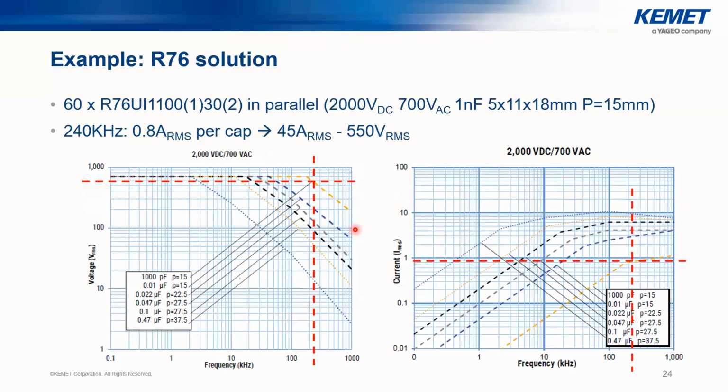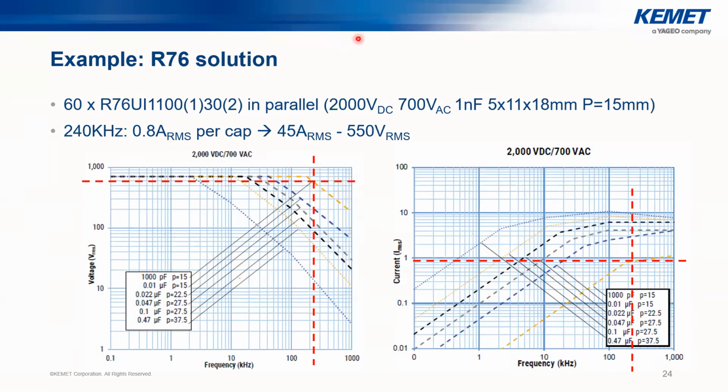If we take the R76 solution at the beginning, to meet this requirement, we need to put 60 components in parallel, 60 components of 1 nanofarad, 700 volt AC, and a pitch 15.